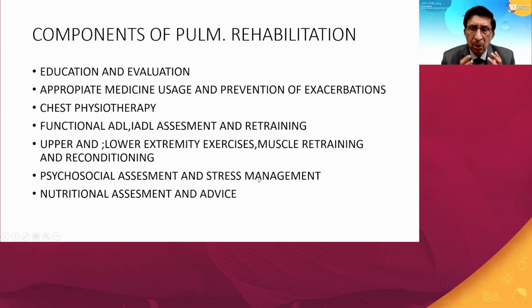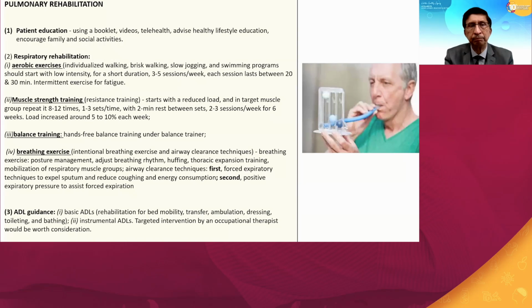Because we know from many studies that depression and anxiety are major components in patients with COPD. So we need to look into this and assess the psychosocial factors. And last but not least, sarcopenia and frailty are a major problem, so nutritional assessment and advice should also go hand in hand in pulmonary rehab.